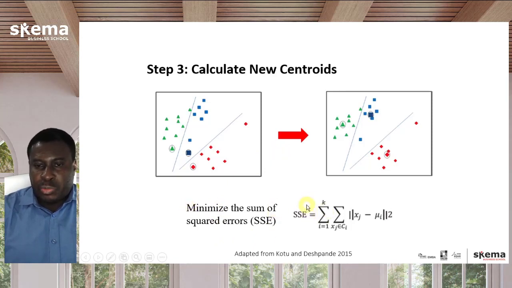There's a mathematical equation there, but visually you can see what's going on. You just move it to the center of what are now the first draft clusters. However, once you've moved the centroids, the closest centroid to each point might not necessarily be the same. So you can see right here that this green is no longer closest to the green centroid, but since the blue centroid moved up, it's now closer to the blue.